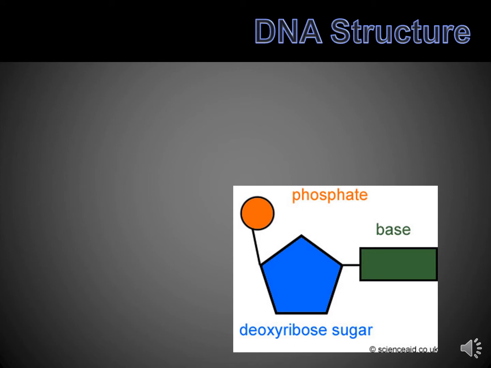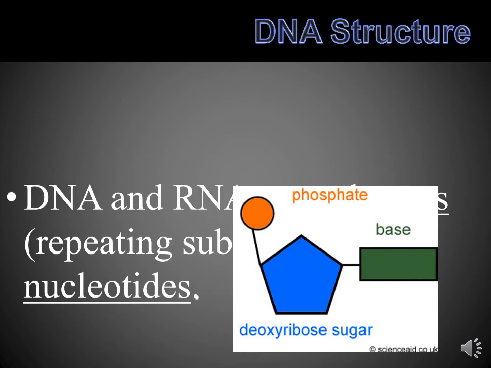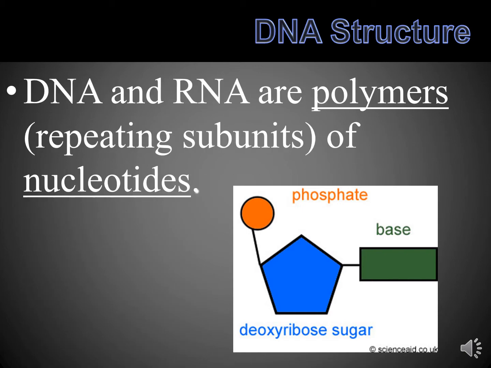DNA structure. DNA and RNA are polymers of repeating subunits called nucleotides. So, what is the monomer? Just to make sure you remember, the monomer is the nucleotide.